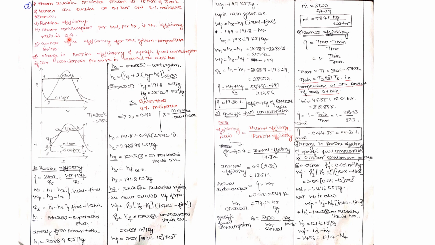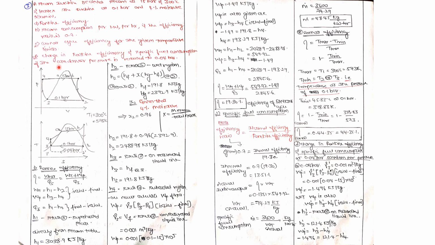So this is the new factor, the efficiency ratio, which is given as 0.7. We shall discuss it while we are solving the problem. Third, the Carnot cycle efficiency for the same temperature limits. For the same specified temperature limits, we need to find out the Carnot efficiency.